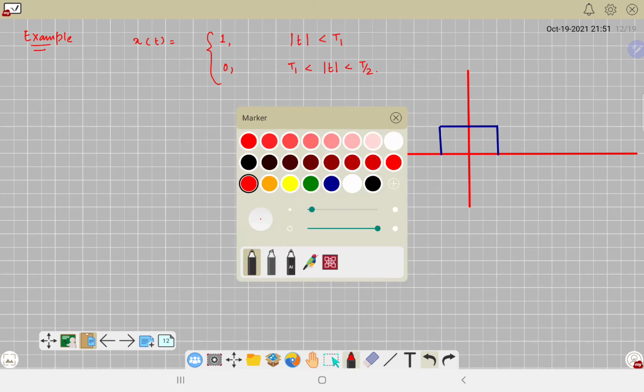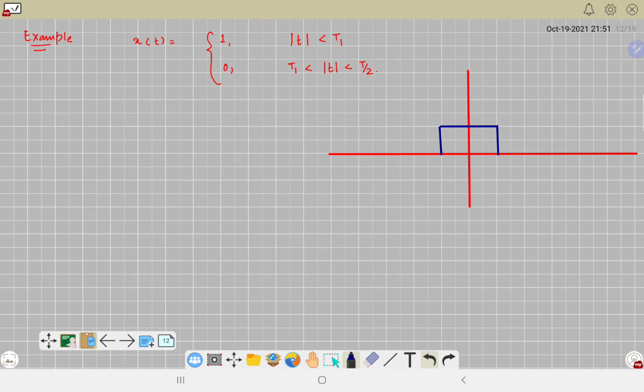Like this. So this is from minus t1 to plus t1, and this will be obviously 1. So this is the first part of the expression, that it is having a value of 1 when the magnitude of time is less than t1, so from minus t1 to plus t1.